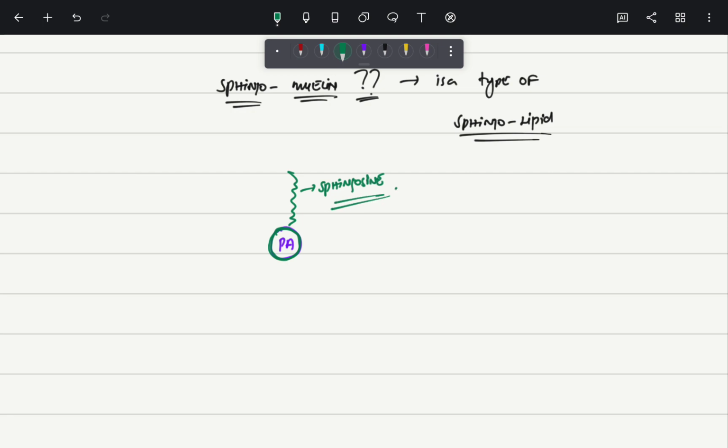The sphingosine tail is formed, and aside from that, there is one fatty acid chain. So in sphingomyelin, to this esterified phosphoric acid, there is choline attached to it.